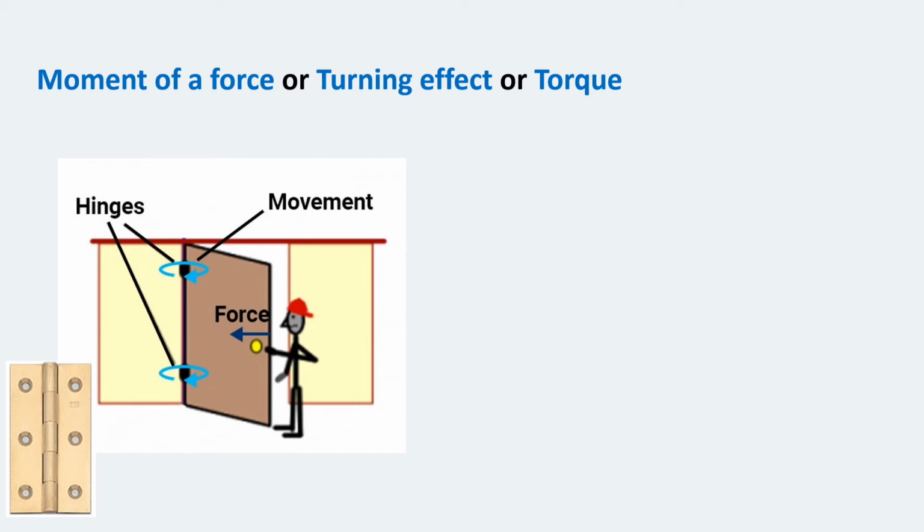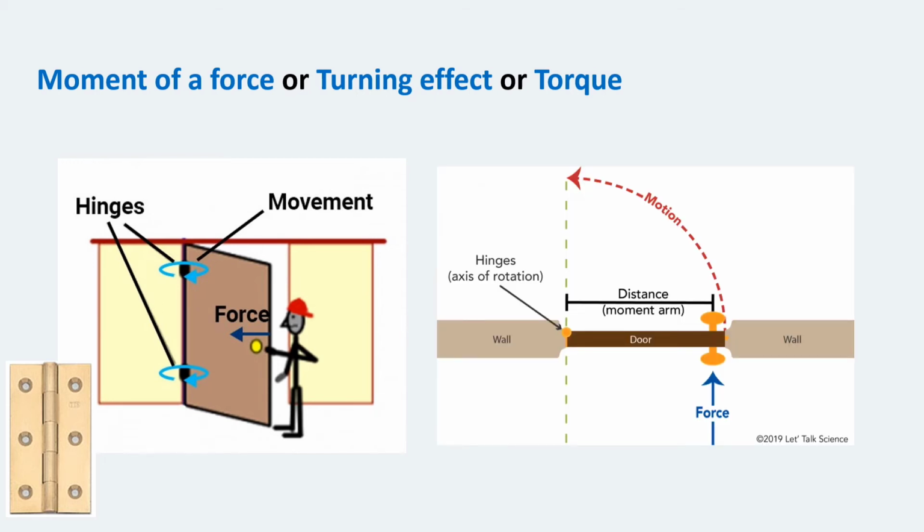Similarly, in the second image you can see the distance between the door knob and the hinges is known as the perpendicular distance or moment arm. Once you apply the force here, the reaction of force takes place at the axis of rotation, or you can call it the hinges, which results in the moment of force in the door.